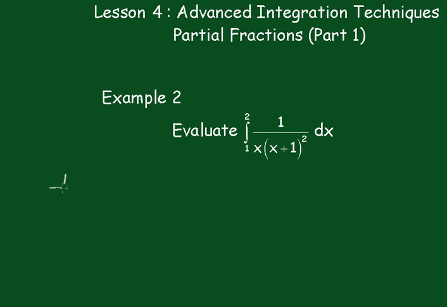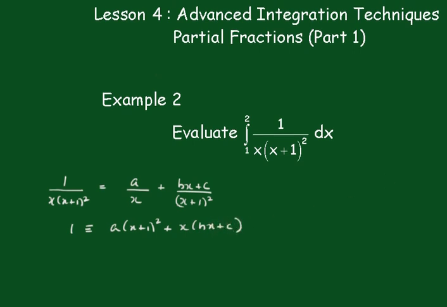We'll write 1 over x into (x plus 1) all squared equals A over x plus (Bx plus C), a polynomial of degree 1, so it's 1 less than this one, over (x plus 1) all squared. Now 1 will be identically equal to A outside of (x plus 1) all squared plus x outside of (Bx plus C).